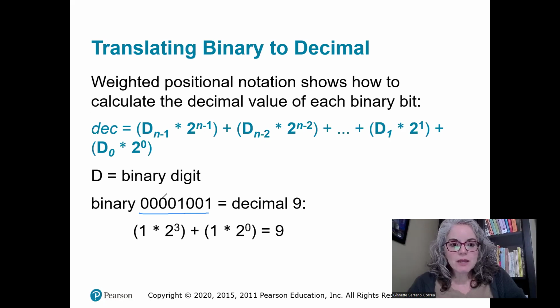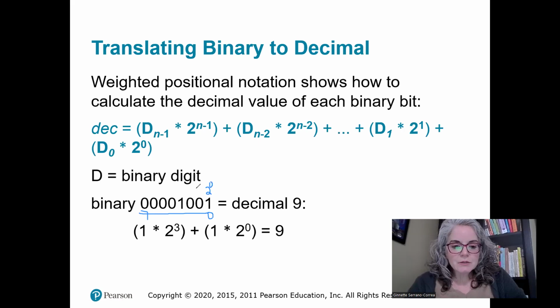To convert this to a decimal number, to our system, remember this position here, this is position 0, the least significant bit, and this is position 7. So this is 2 to the power of 0.